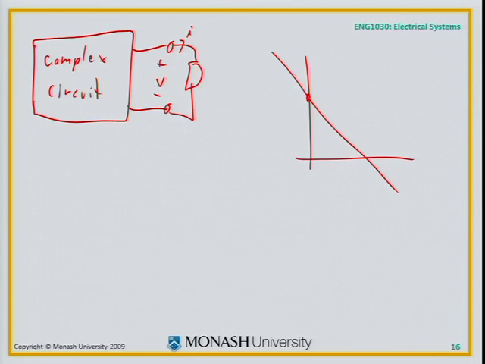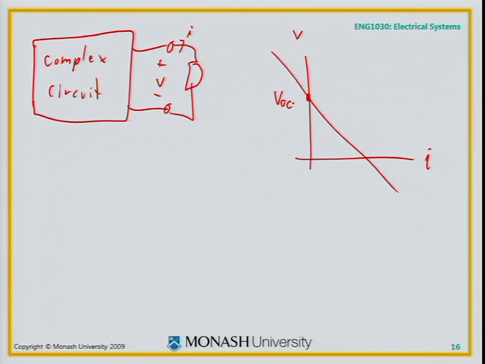This point here corresponds to no current flowing. That's the test point of an open circuit, where there's an infinite resistance connected across the terminals. So I is 0, and I measure the voltage. That gives me one of those points, that V OC point there.